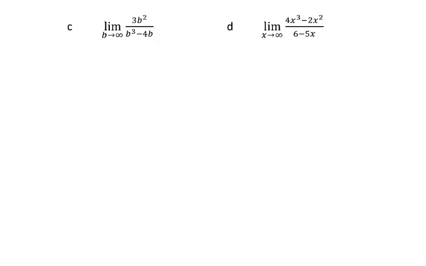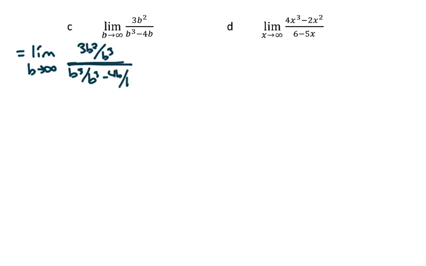Continuing on with C, now it's not x approaches infinity, it's b approaches infinity. Doesn't change anything. We'll still divide by the highest power. That happens to be b cubed this time. So the top, 3b squared over b cubed. Bottom, b cubed over b cubed minus 4b over b cubed.